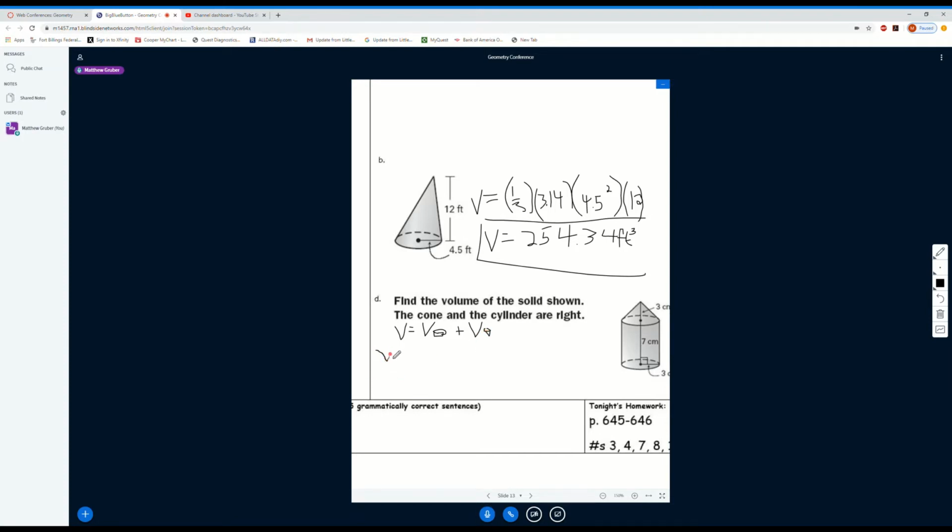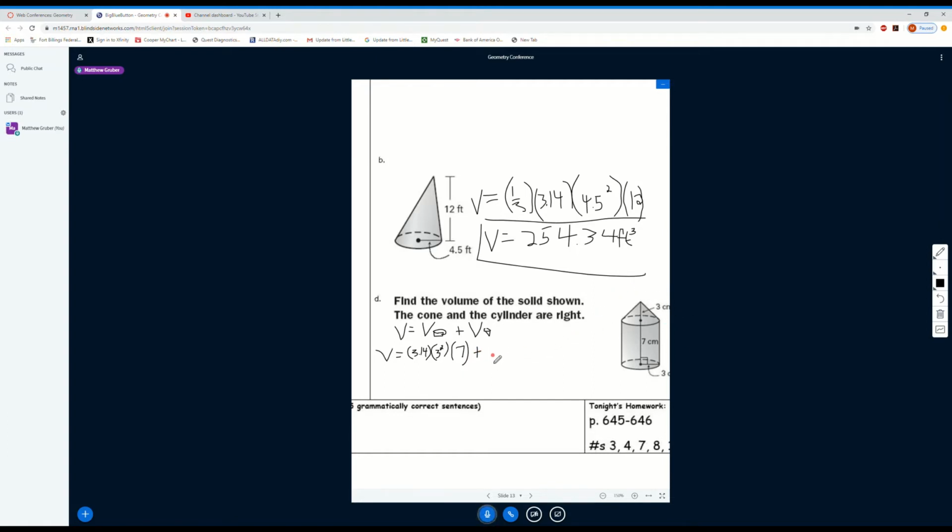So the volume of a cylinder, which we learned in a previous section, is pi r squared h. In this case, the radius here is 3, so I need to do 3 squared. And then h, what is the height of the cylinder? The height of the cylinder is from here to here, so that's 7. And now we need to add the volume of a cone.